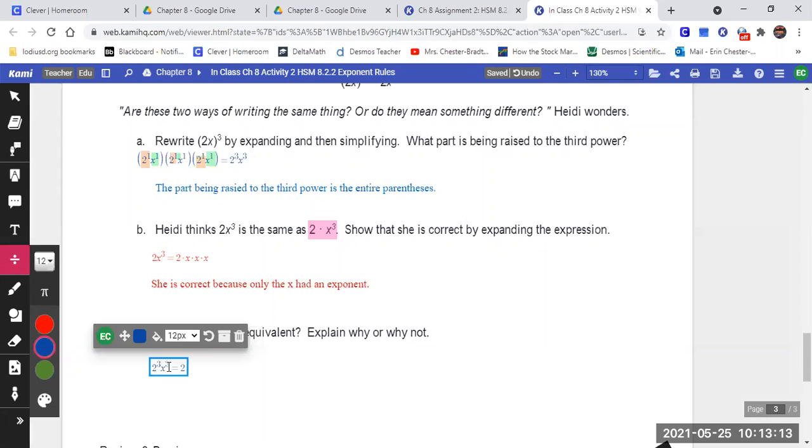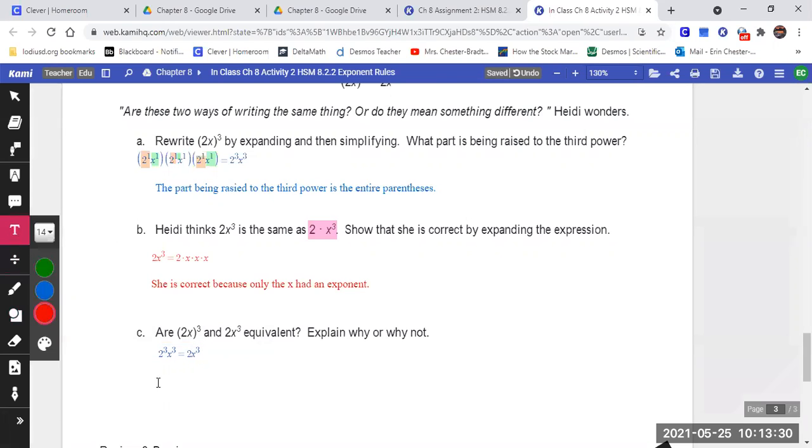And this is the simplified form of Heidi's. Do those mean the same thing? Are those completely identical in every way? So can they be called equivalent if they're not completely identical in every way? No. So are these two equivalent?